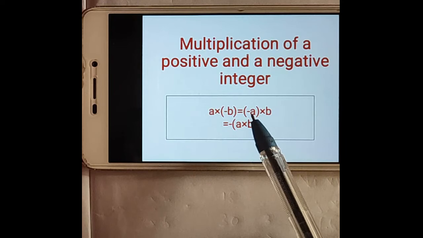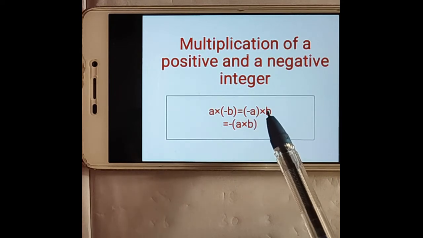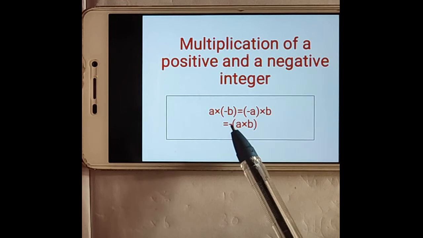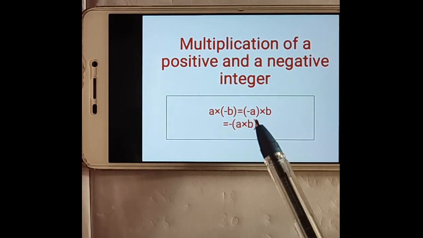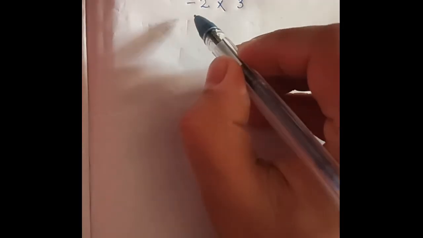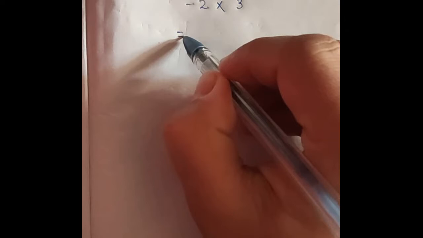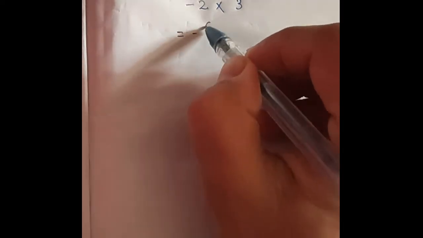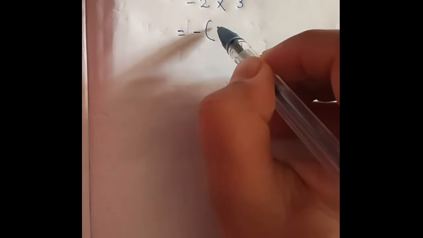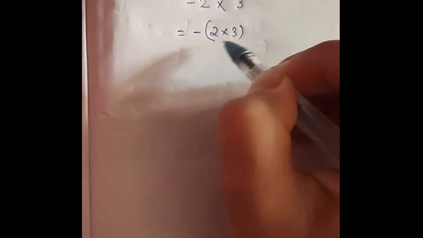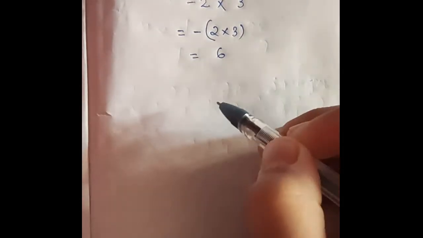Similarly here, a has a minus and b has a plus. So minus into plus is minus, inside the bracket a into b. Suppose you have minus 2 into 3, then the result will be minus, because minus plus is minus, and 2 into 3 will be equal to 6.